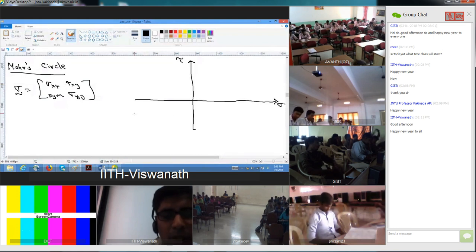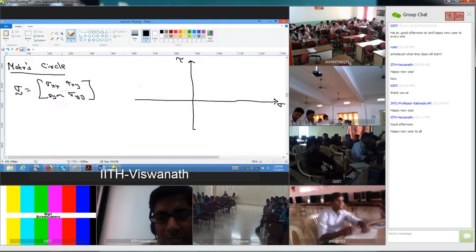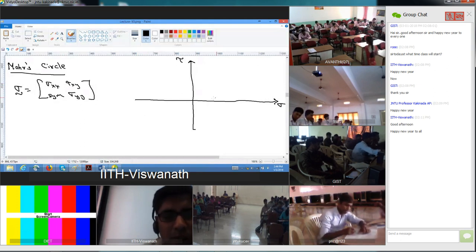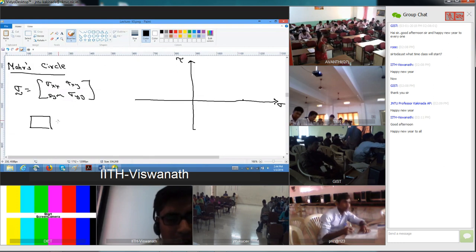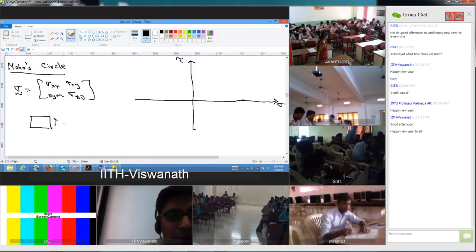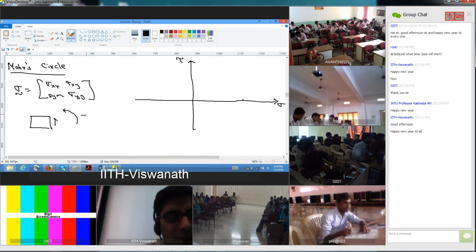Now when you are taking these two values and plotting them as one point there, this normal stress, let's say sigma xx, is coming here, and now you need to plot tau xy. You want to plot it on the upper side or lower side. So for that, any shear stress that gives you a clockwise thing can be considered as negative.